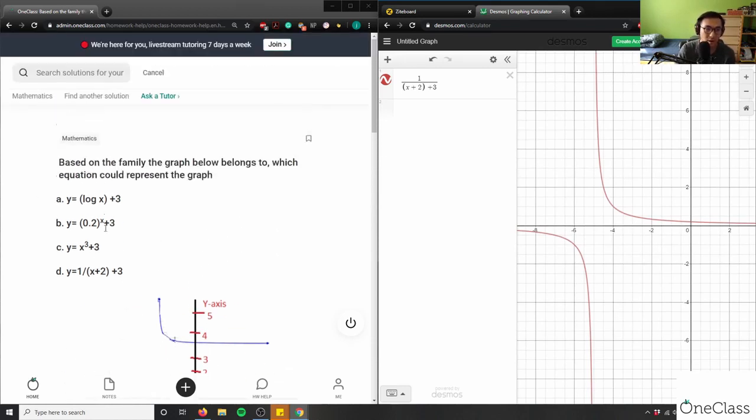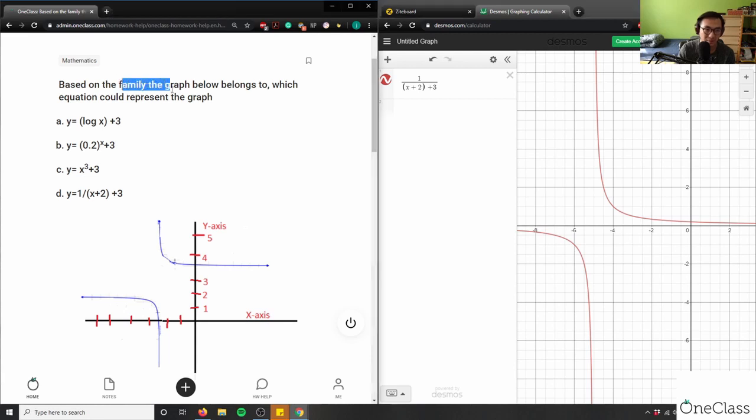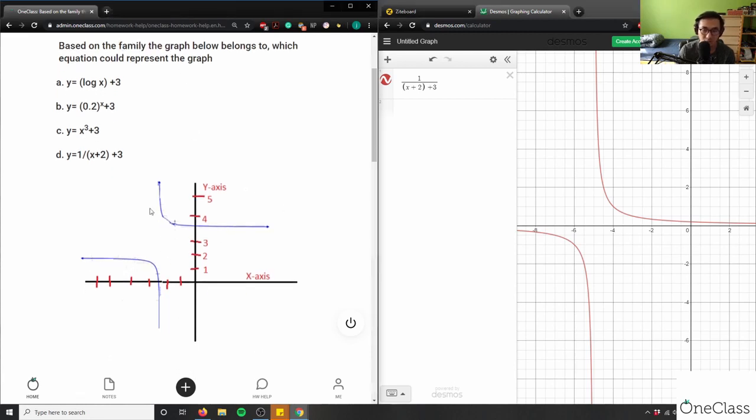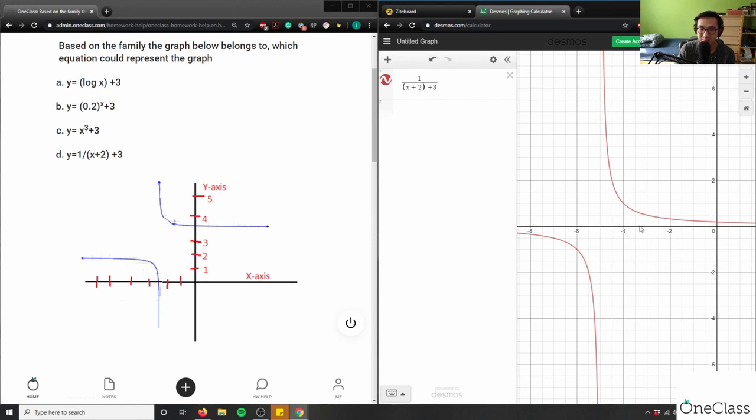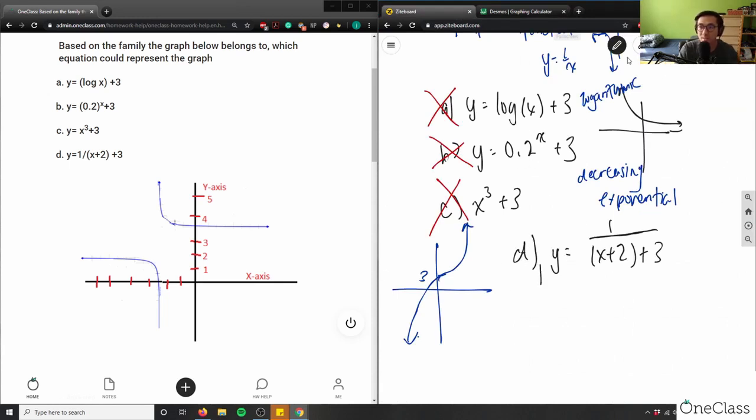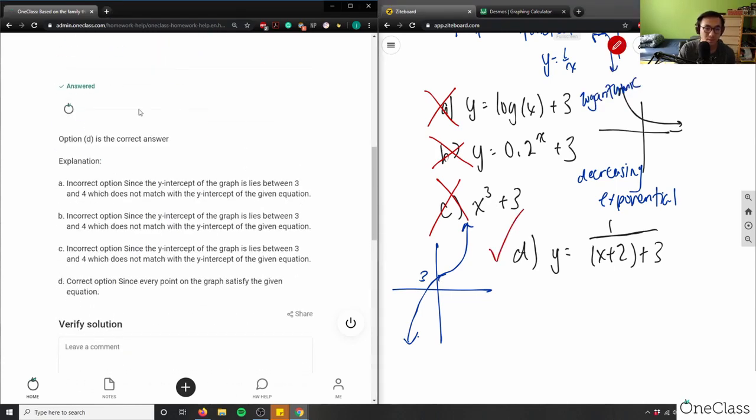But I think the question is asking for the family of the graph and not specifically the horizontal and vertical translations. Because if I look at x plus 2, my asymptote is at this value, which is not what the graph shows. So this is the wrong graph in terms of translations, but it would be our correct answer simply based off the family of the graph. So option D is the correct answer.